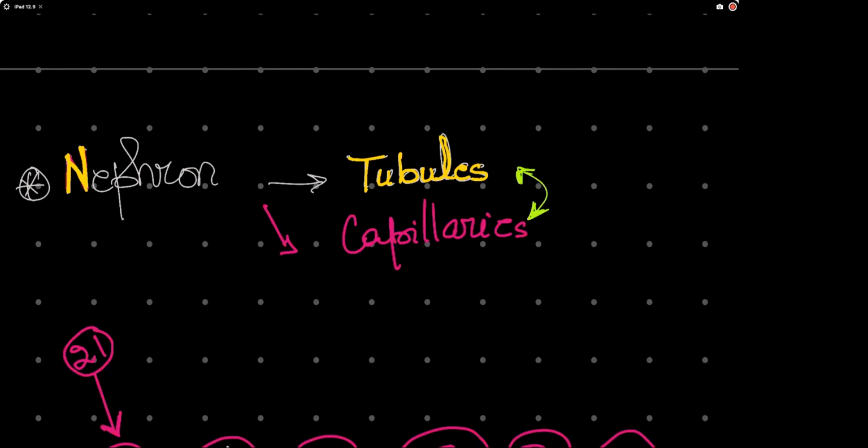So inside the kidney tubules, you have what we call the filtrate, which is the fluid that will become later on the urine. And in your capillaries, you have blood. In order for you to form the filtrate, you filter the blood to get the filtrate.